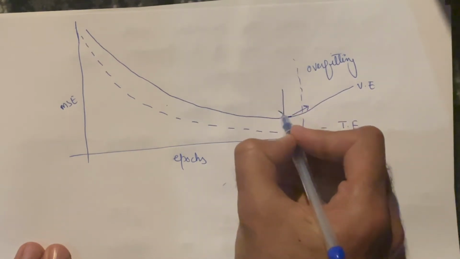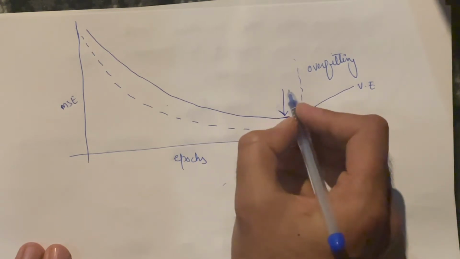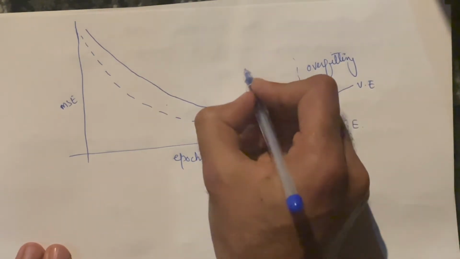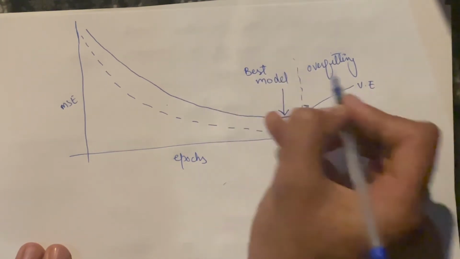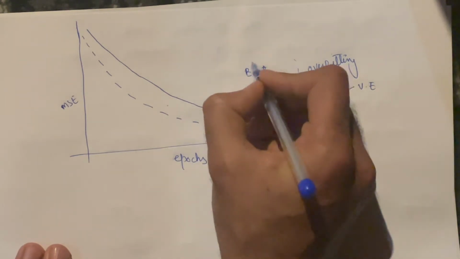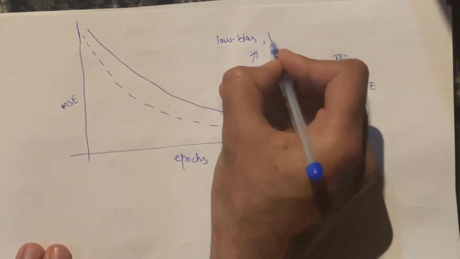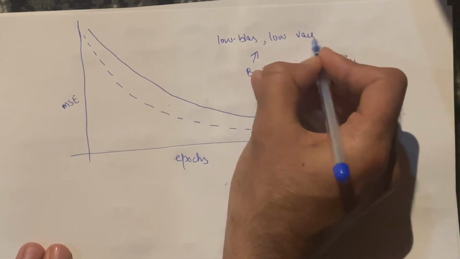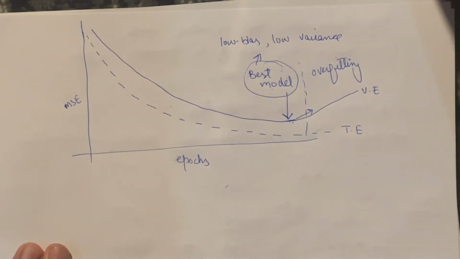The parameters at this particular point, or we can say the hypothesis function at this point, will be our best model. This is a model with low training error and low validation error, meaning low bias and low variance. So this model we will choose and we will use.